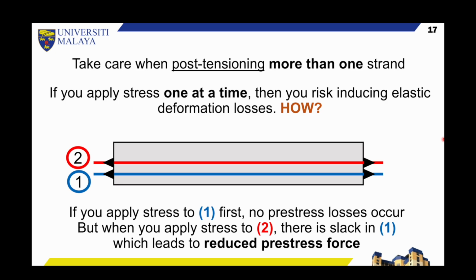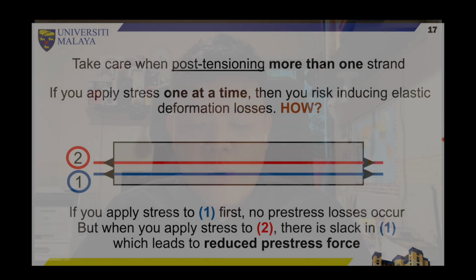There's some release or relaxation in number 1 because you apply more stress to number 2. So when there is more than one cable or strand, there is a possibility for elastic deformation losses to occur.